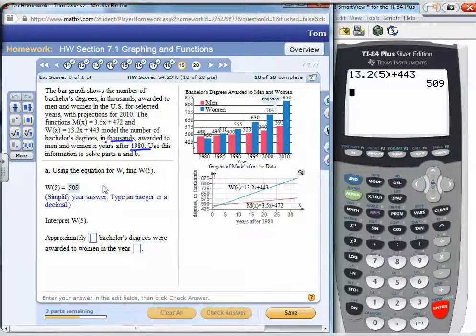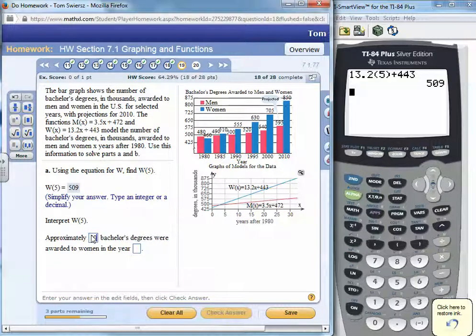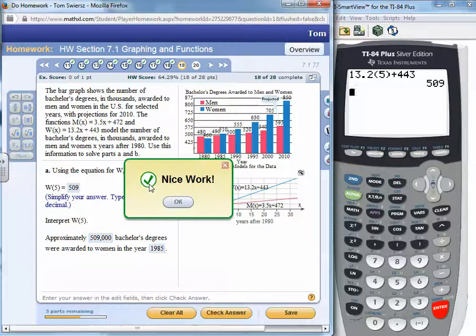So approximately 509 thousand were awarded to women in the year 5 years after 1980, which is 1985. So again, that's in thousands, so be careful. You've got to put in 509,000. Approximately 509,000 bachelor's degrees were awarded to women in 1985.